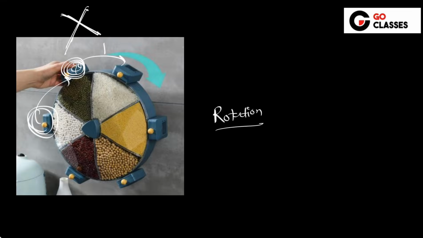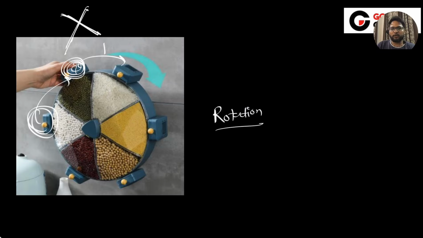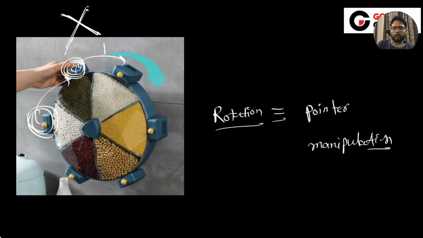Some students ask whether we can first rotate it like this and then rotate like this, but it is not a manual rotation. This is just pointer manipulation. So I hope you got it.